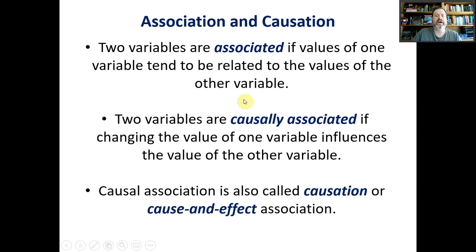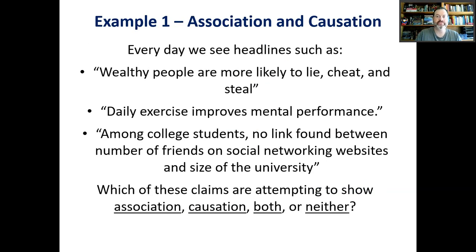But height and weight are not causally associated, because you can't change somebody's height, and changing somebody's weight won't adjust their height. So it's just an association. It just means taller people are generally heavier. Causal associations are when one variable is actually creating an effect in the other variable.